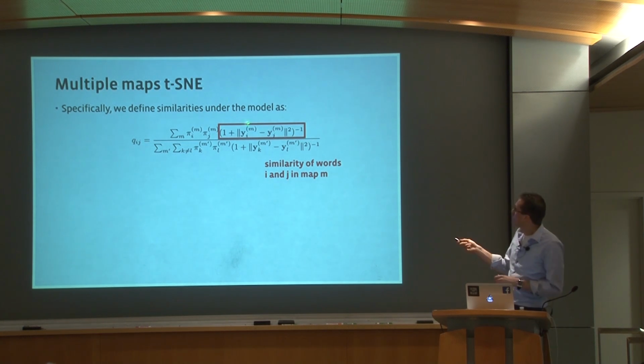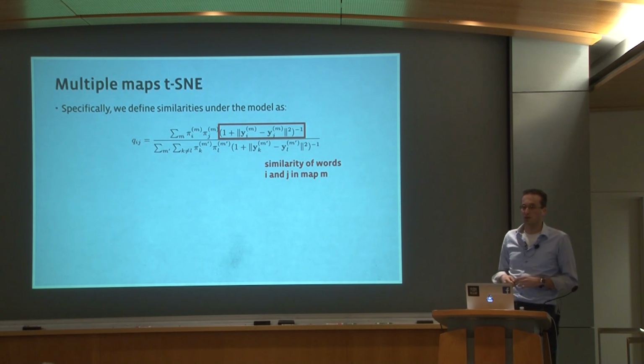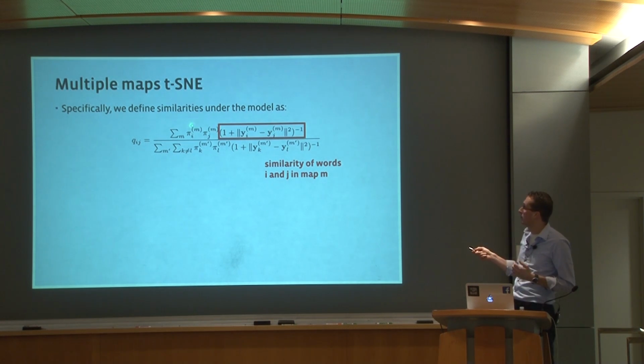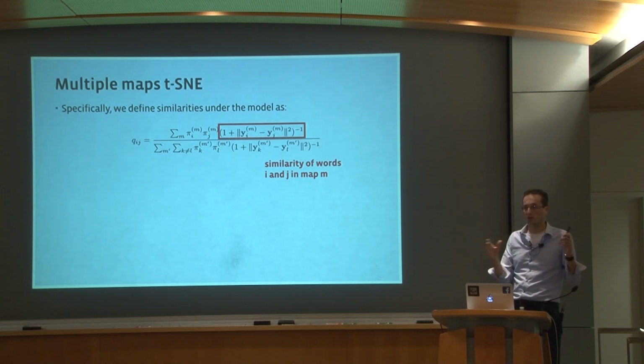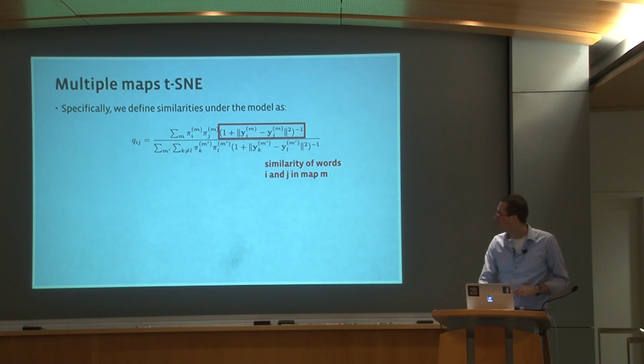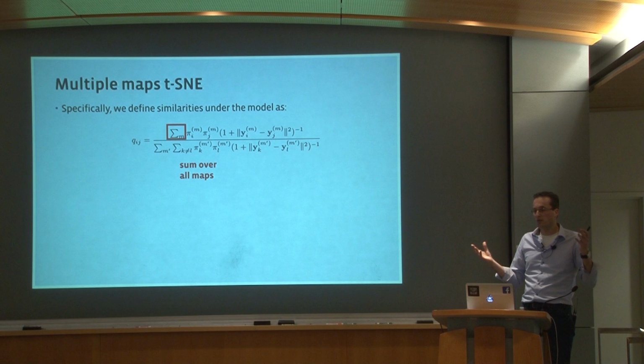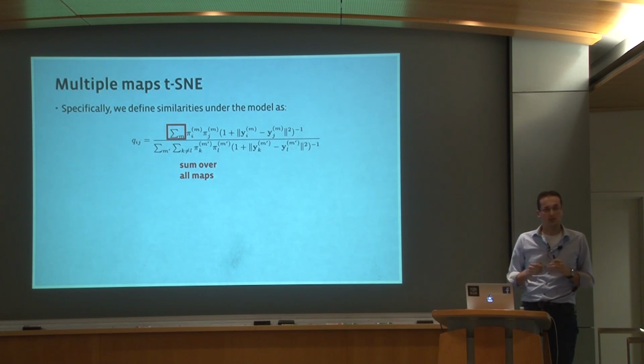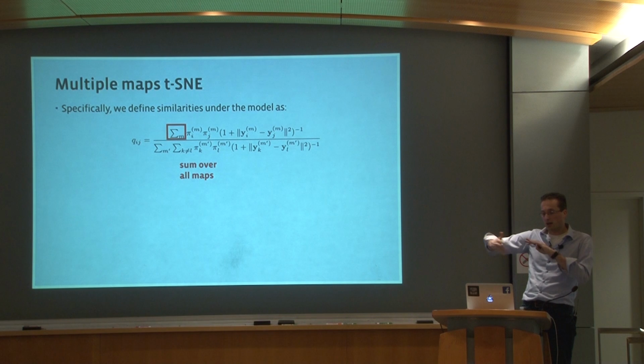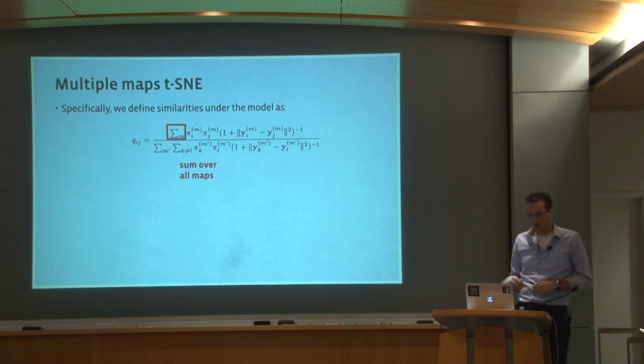But now I'm going to multiply it by the weights of those words in that map, right? So if one of the two words has 0 weight in this map m, then I'm going to set this whole term to 0. I'm saying that in this map, at least, these two words are not similar. And now I'm going to sum that over all maps. So my final measure of whether two words are similar is, summed over all the maps, how similar are these words in each of the maps.